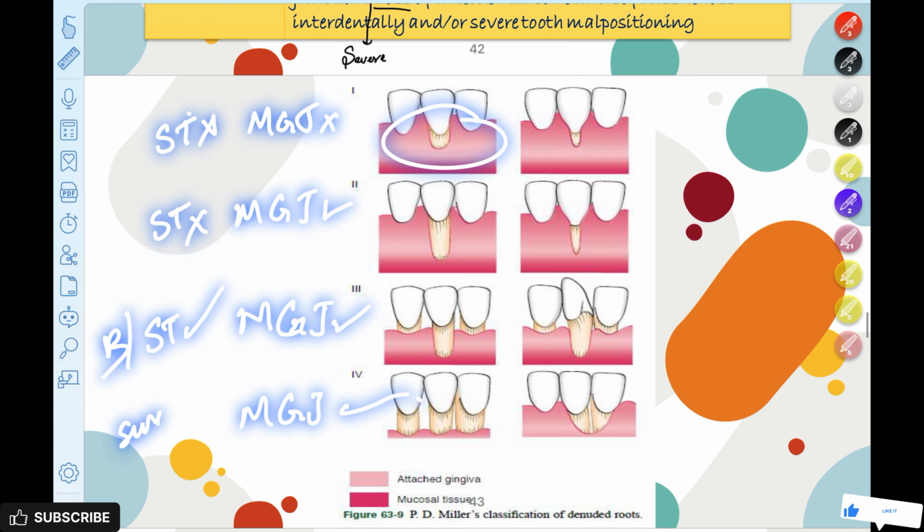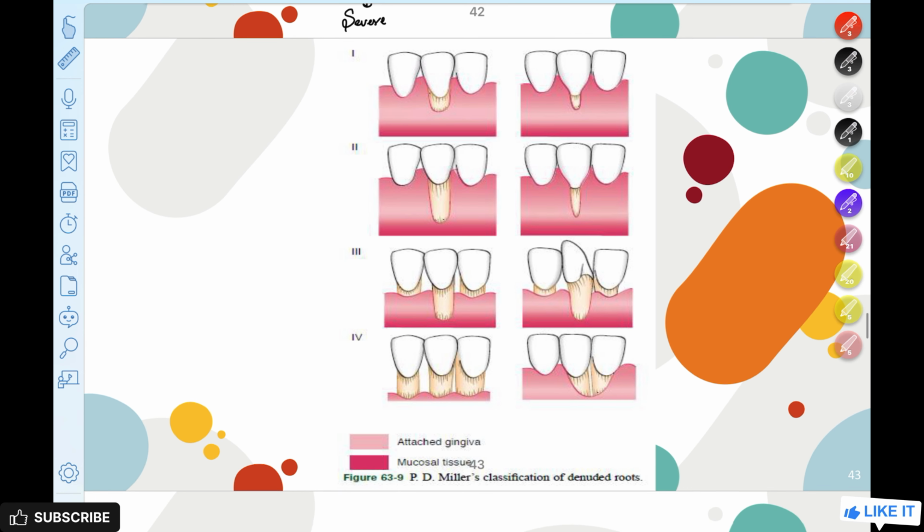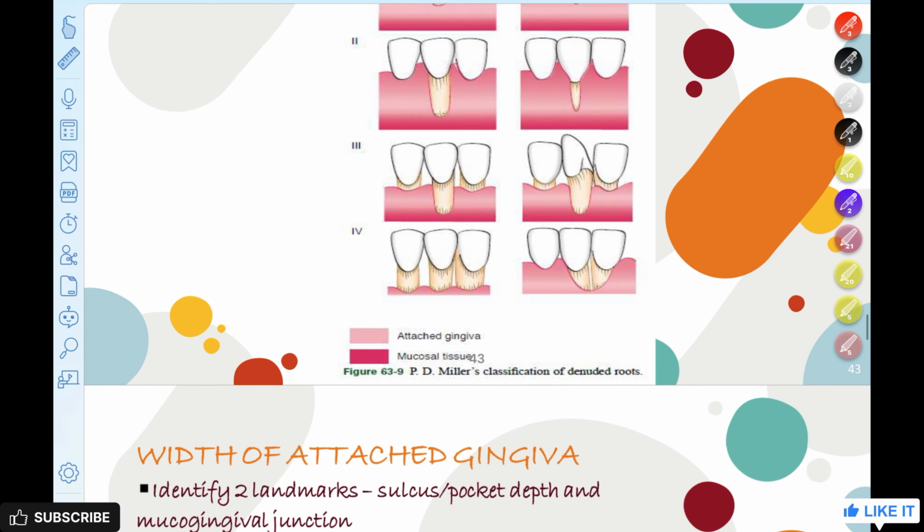And in this case, there is severe bone or soft tissue loss. So this is grade 4 or class 4. This was class 1, class 2, class 3, class 4. You can see here: not up to the mucogingival junction, up to the mucogingival junction, up to the mucogingival junction, up to the mucogingival junction. No bone or soft tissue loss, bone or soft tissue loss, and severe bone or soft tissue loss.